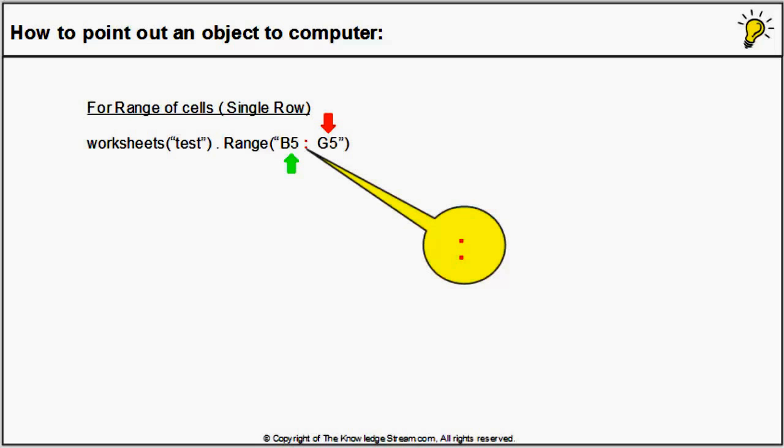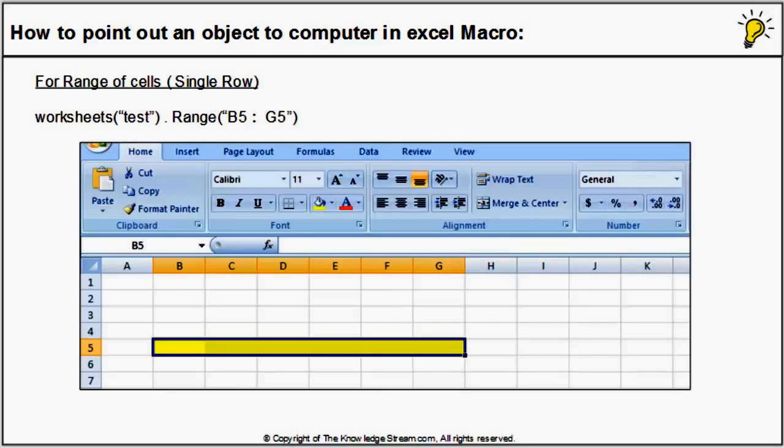While defining the range B5 to G5, the computer will point out the yellow region as shown in the picture on the screen.